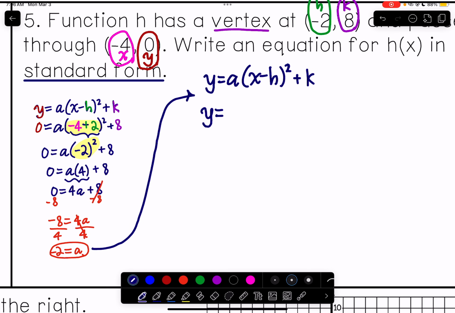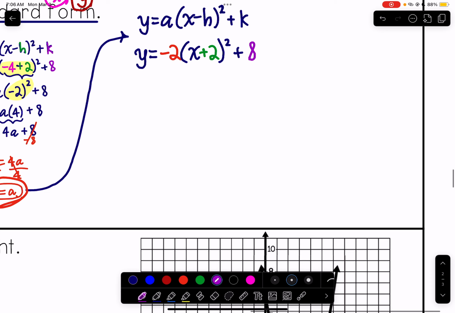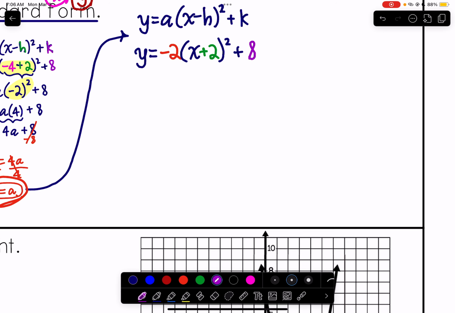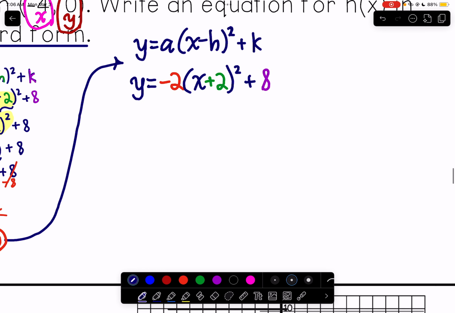So y equals -2, which we just found, times x plus 2. Remember that h, the sign always flips, plus 8. Awesome, and I'm not going to box that either because that's still not standard form. So let's convert that to standard form.